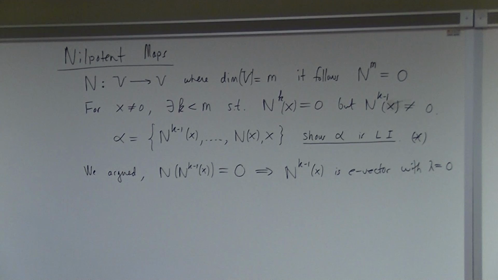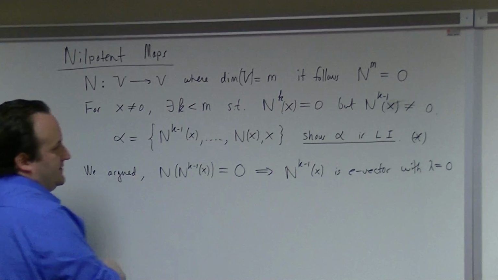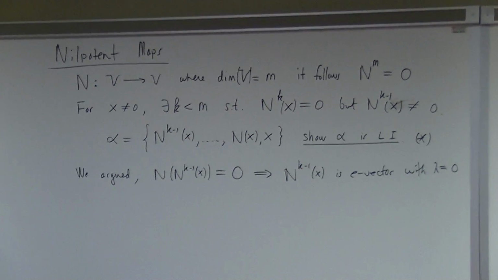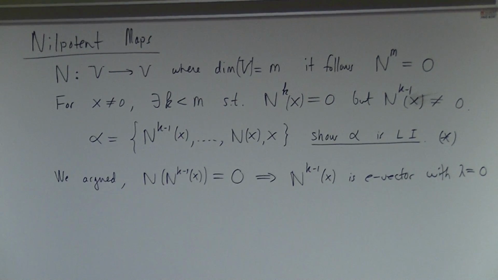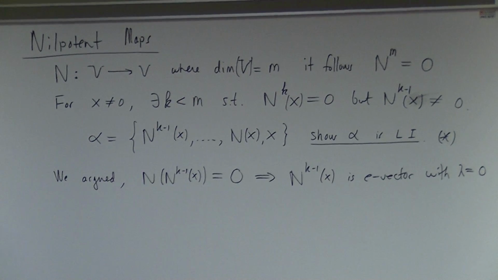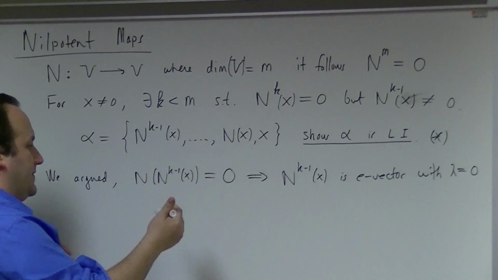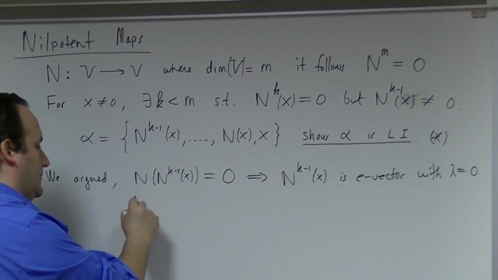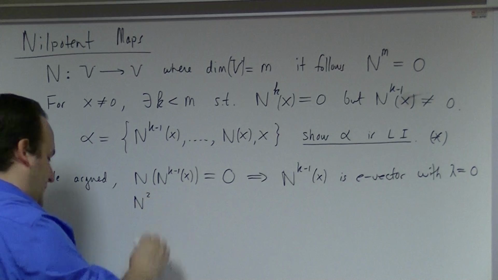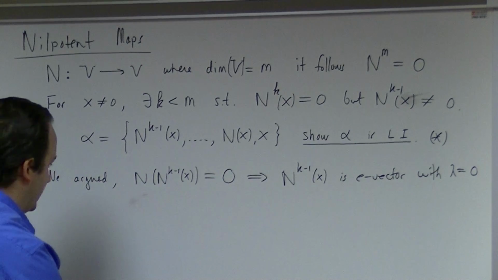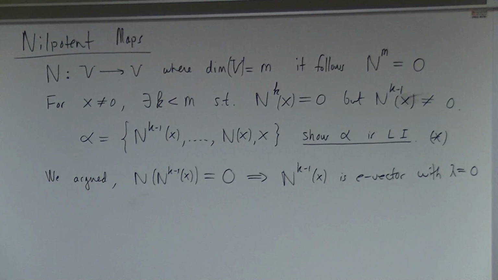So the first thing in this set alpha is in fact an eigenvector with eigenvalue 0, right? Okay, so that was one thing.